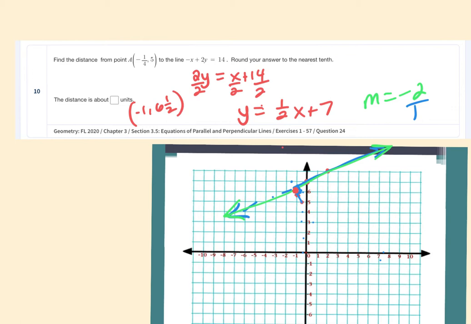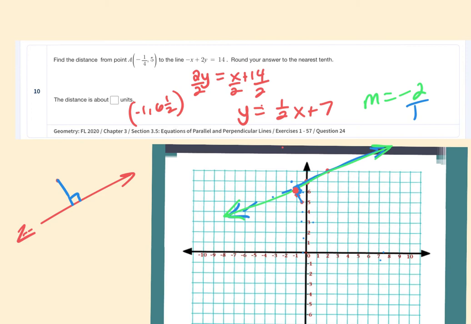Why did you have to make it perpendicular? That's how you find the distance between a point and a line, right? You have to look for the perpendicular segment. I just found a point on the line and then I used the distance formula. It's the same thing. But how do you know that point on the line is right? In order to show the distance from a point to a line, the true distance has to be the perpendicular segment.